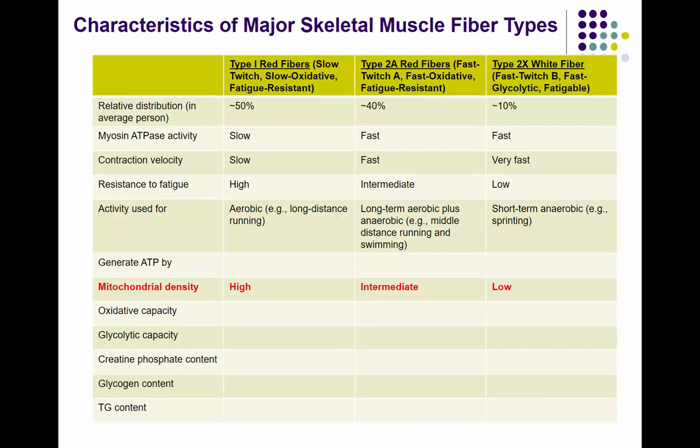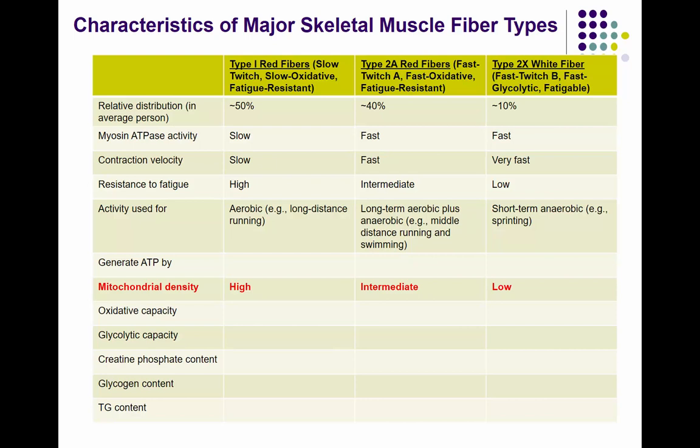And then myosin ATPase activity is slow in type 1 and faster in type 2A and also faster in type 2X. This is related to ATP generation. For example, type 1 fibers are usually slow twitch with slow oxidative metabolism.